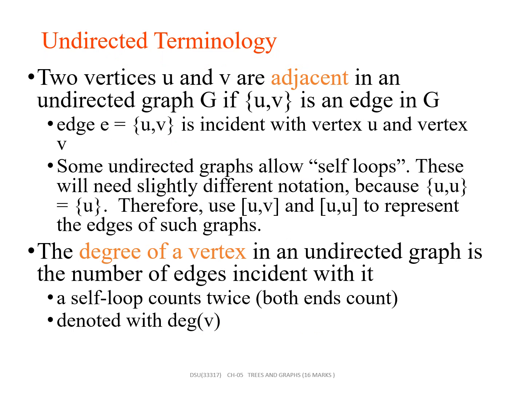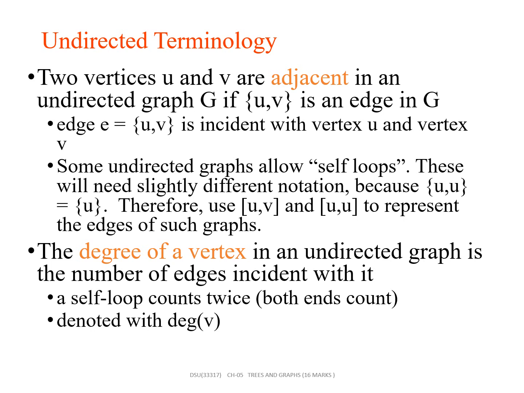Undirected terminology. Two vertices U and V are adjacent in an undirected graph G if (U, V) is an edge in G. The edge e = (U, V) is incident on vertices U and V. Some undirected graphs allow self loops.